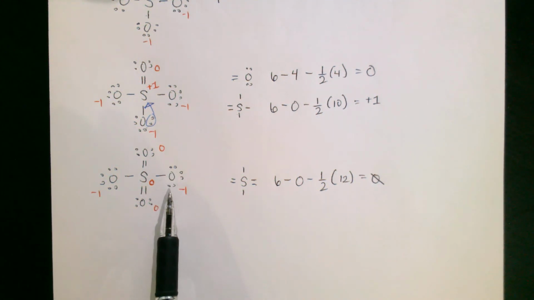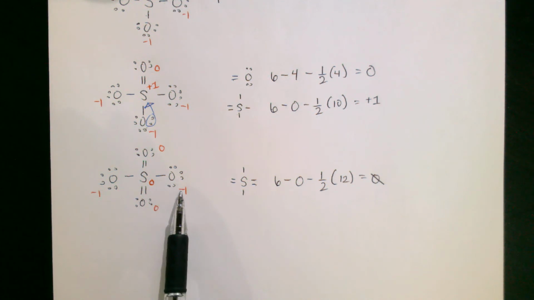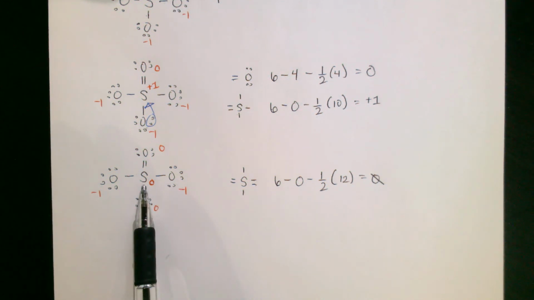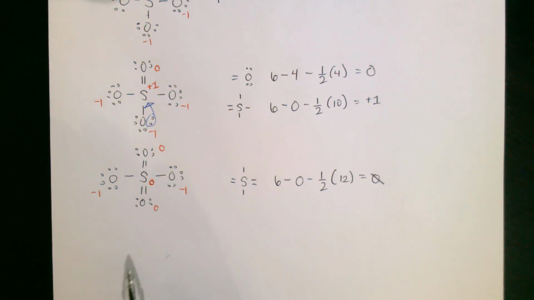Because it's one of the more electronegative elements, it doesn't really mind having extra electrons. So it is going to be the carrier of the formal charge, much more so than sulfur. More electronegative elements tend to not mind carrying that formal charge, and oxygen is a really fantastic example of that. Oxygen does quite well containing formal charge here.